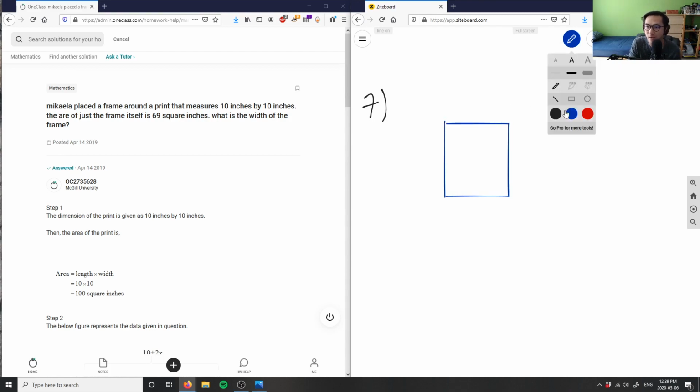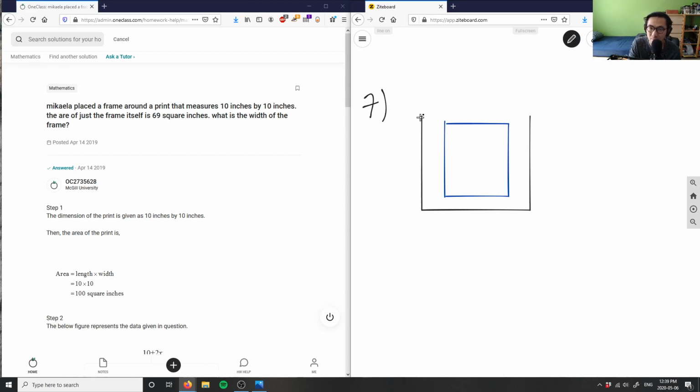So this here is my 10 by 10, and then I have a frame here. It's basically going to frame. This here's definitely not perfect. Okay, so it looks a little bit nicer. Again, it's not even, but it's fine for the purposes of this exercise.